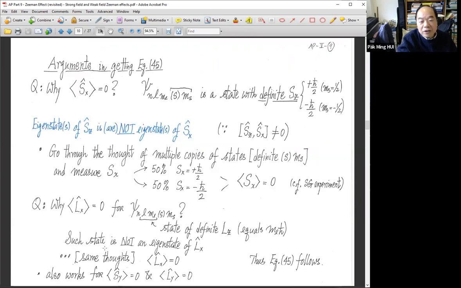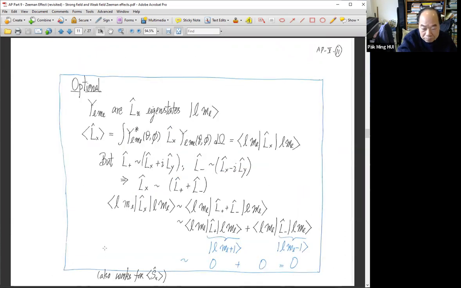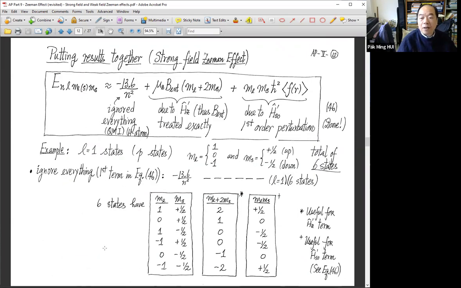So let's put the results together. Strong field. We do this first. We found that the bases using m_l and m_s are automatic eigenstates of this part. Thereby, this part is treated exactly.